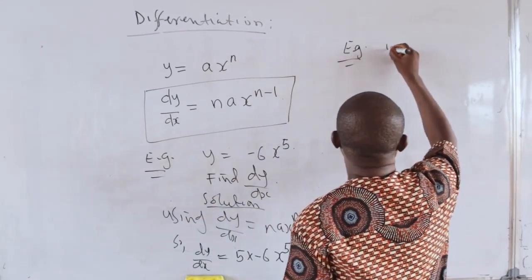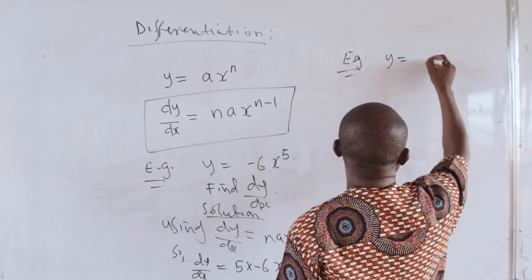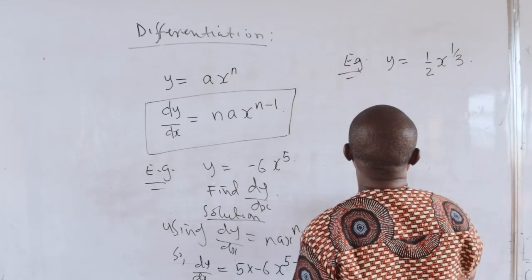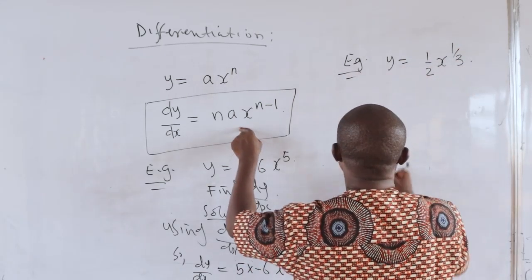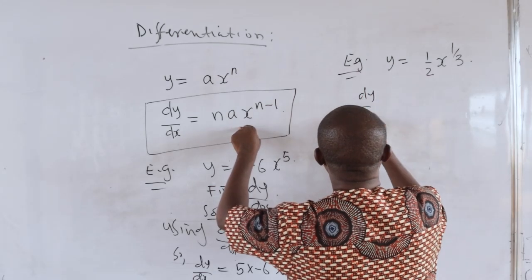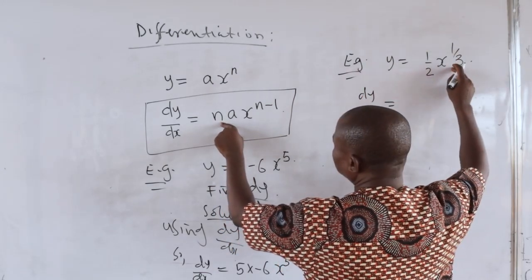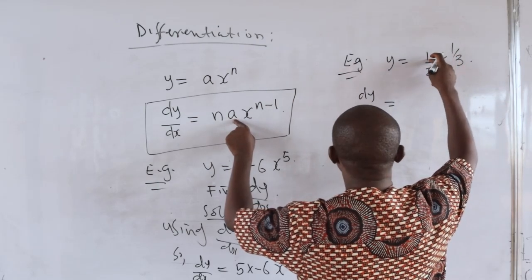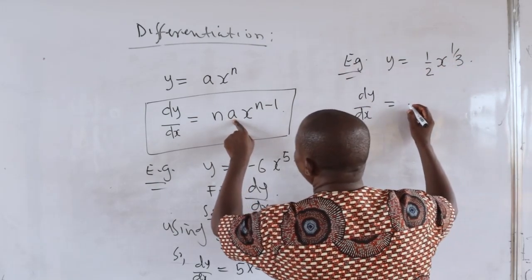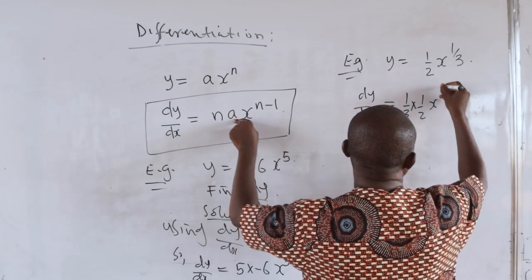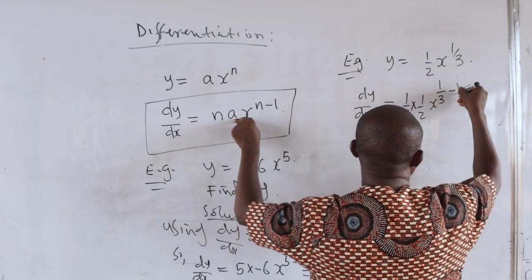What if I give y is, say, half x raised to the power 1 over 3, we can still apply this formula, and so dy by dx is nothing. Our n is 1 over 3, our a is half, and so we have 1 over 3 multiplied by half, x raised to the power 1 over 3 minus 1.